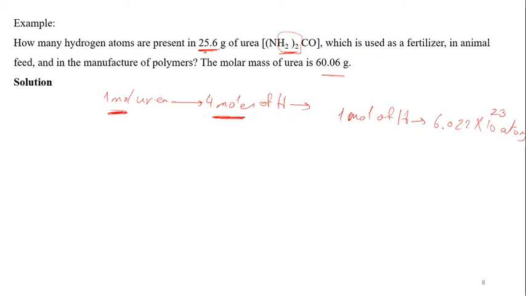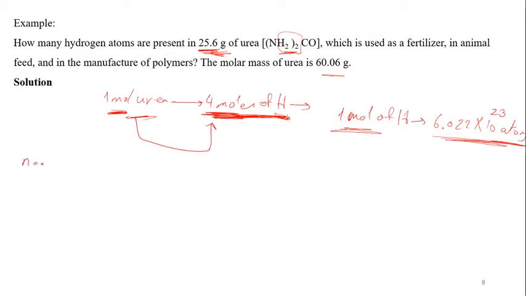Then, I need to compare that number of moles to the number of moles of hydrogen to know how many moles of hydrogen 25.6 grams of urea contains. Then those moles of hydrogen are equivalent to how many atoms, if each mole is equivalent to 6.022 multiplied by 10 to the power 23 atoms, which is Avogadro's number.